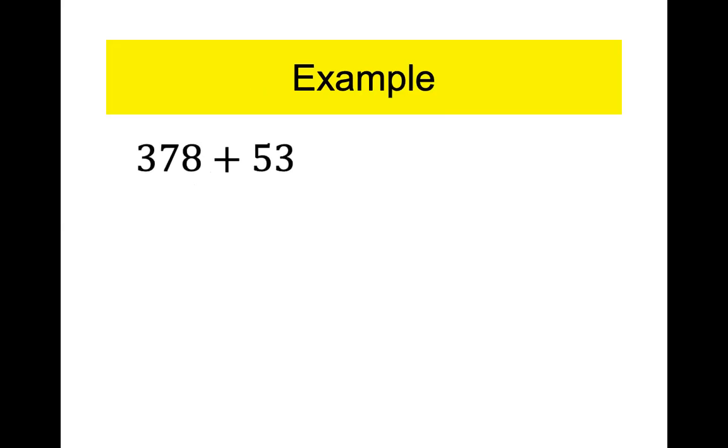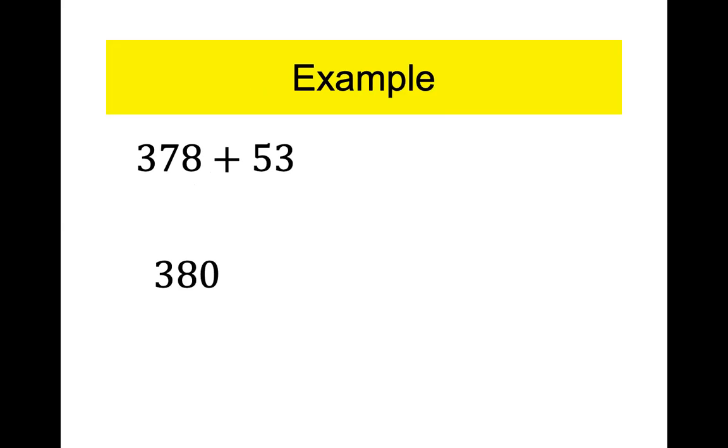All right, quick example. See these two numbers? I can certainly, and so can you, add them up. But if I just need an approximation, 378 is awfully close to 400, and 53 is awfully close to 50, so it's about 450. Yes? Is it 450? No, but it's close.